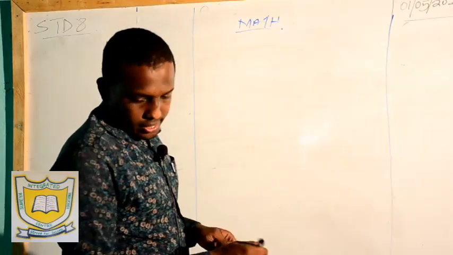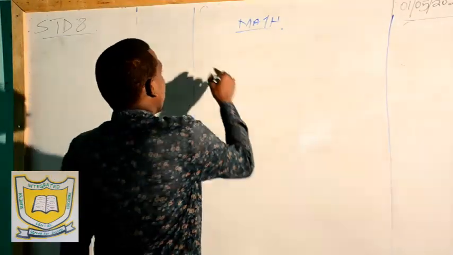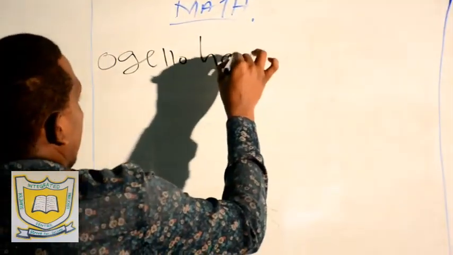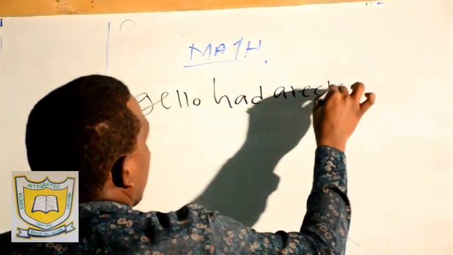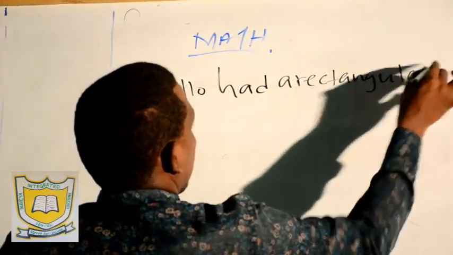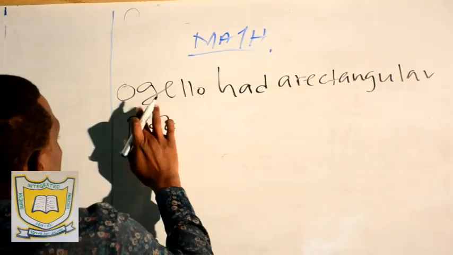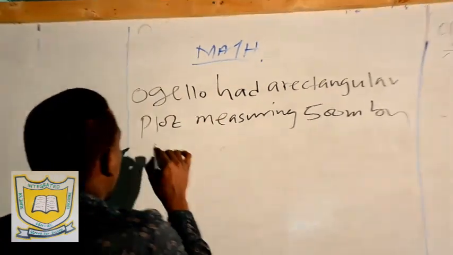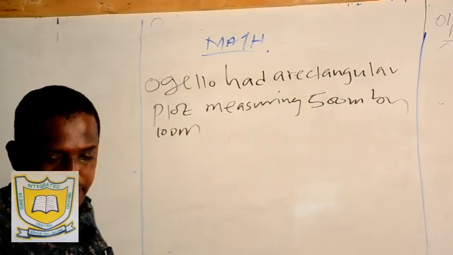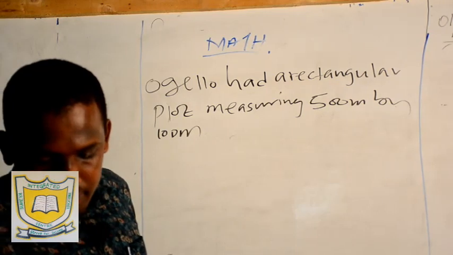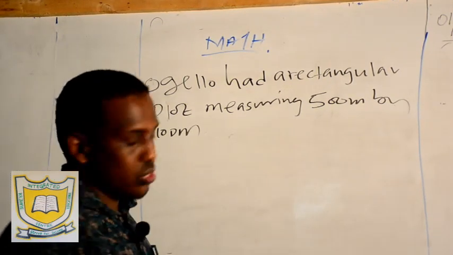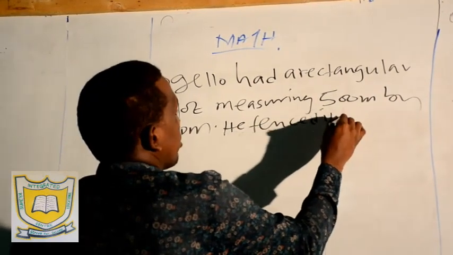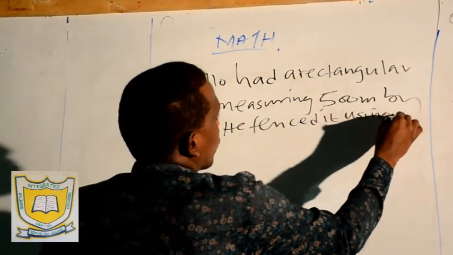Question 4 says Ogello had a rectangular plot, 500 meters by 100 meters.